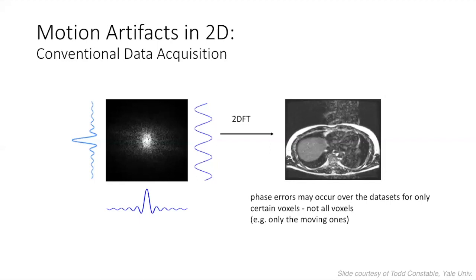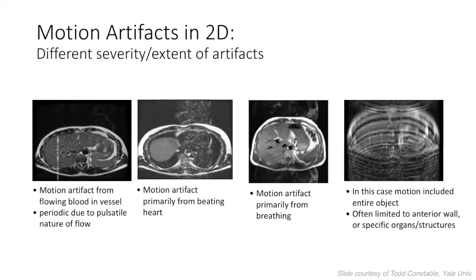In some cases, these phase errors may only occur for certain voxels, only the ones that are actually moving. Just as an example, you can have a motion artifact from flowing blood on the left, which is periodic due to the pulsatile nature of flow. So you only get it here in the phase encode direction, up and down. The image you saw previously is from a beating heart.